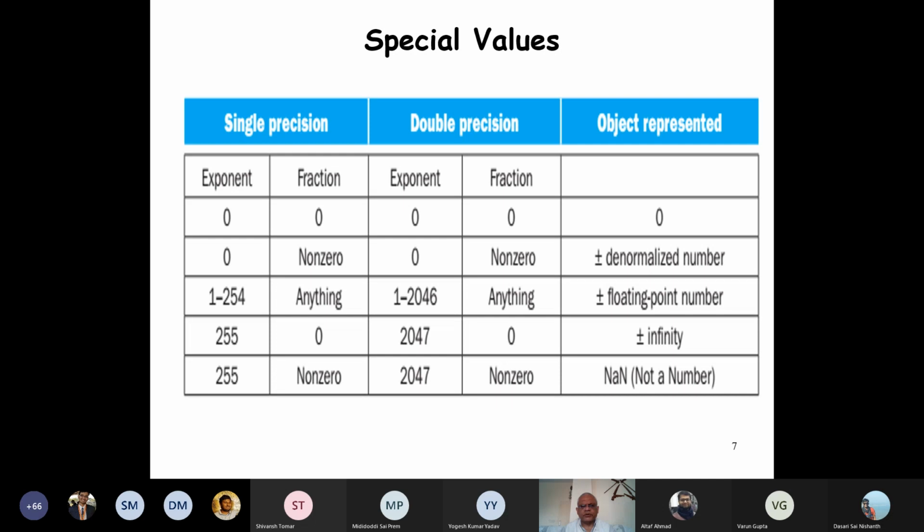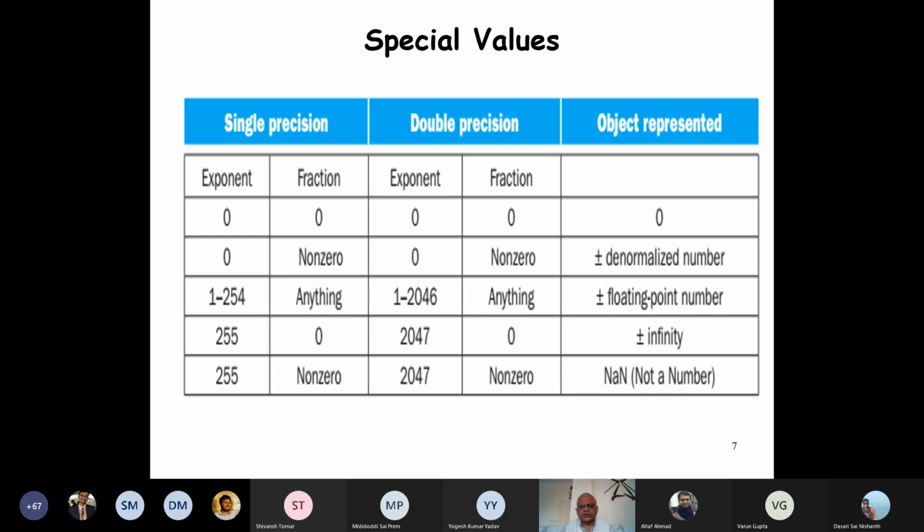But then the exponent 0, all zeros and all ones, these are called special values. When the exponent is all zeros or exponent is all ones, we don't really construct the number as we did. They have special meaning. If the exponent is 0, fraction is 0, then the object represented is 0.